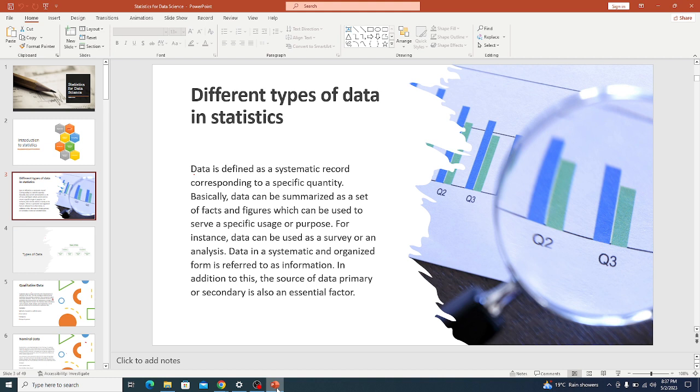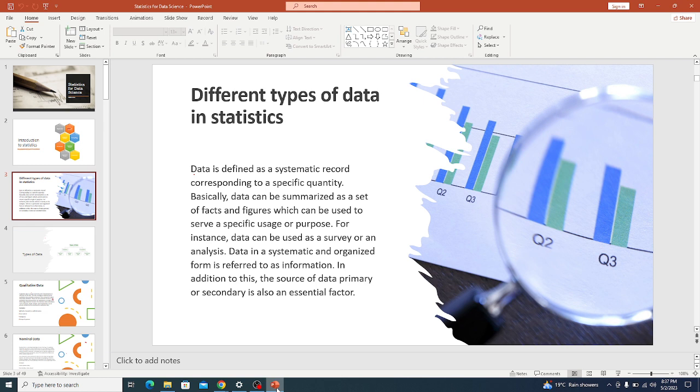That is a complex one. But basically, data can be summarized as a set of facts and figures which can be used to serve a specific usage or purpose, or that when processed can give us information.